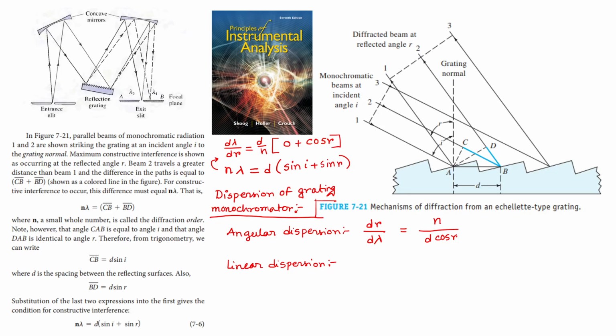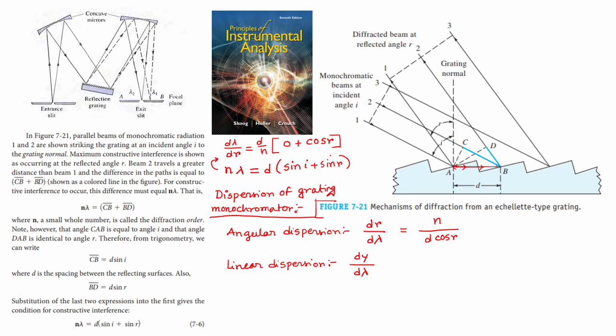So what is linear dispersion? Linear dispersion is given by dy by d lambda. So y is the distance on the focal plane.